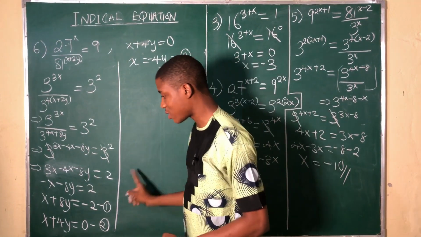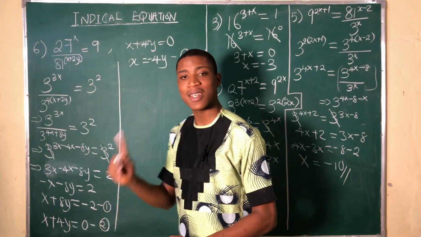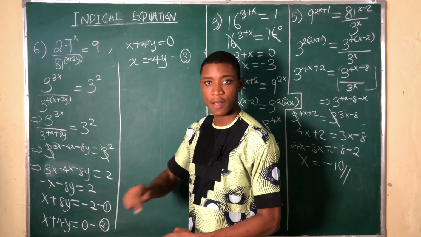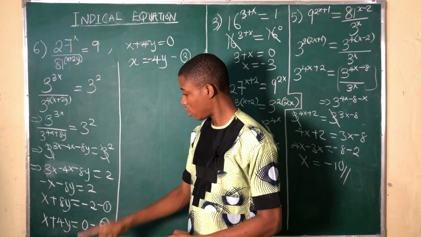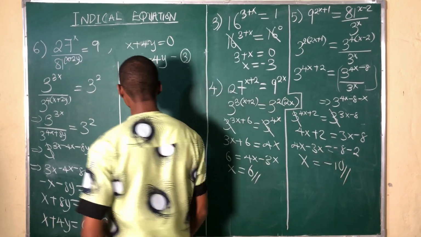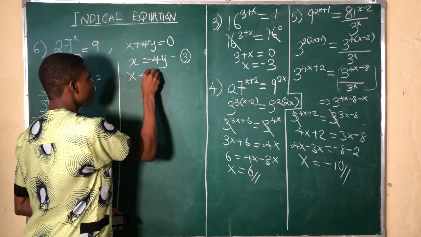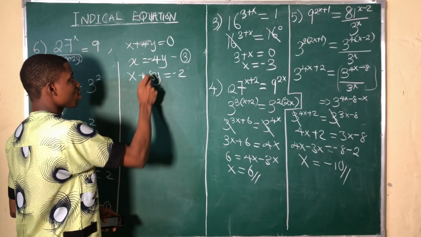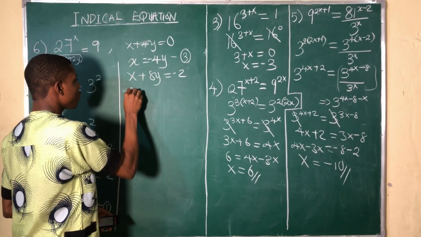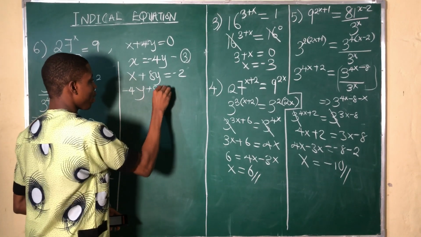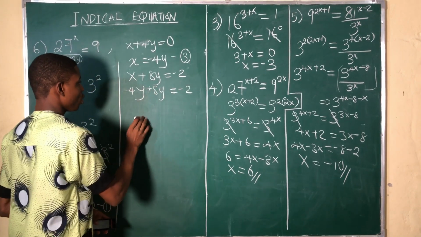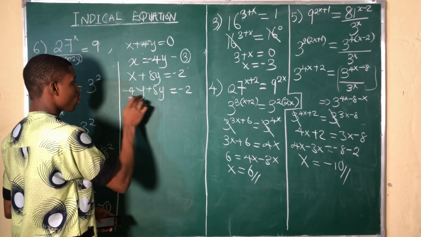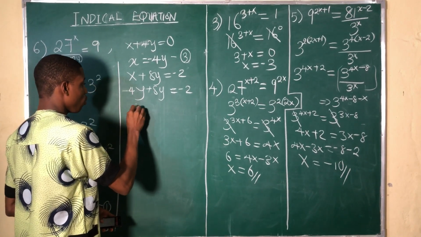We're going to substitute what x is into equation 1. So anywhere you see x, you represent as negative 4y. Equation 1 is x plus 8y is equals to negative 2. So we're having negative 4y plus 8y is equals to negative 2. So negative 4 plus 8 is what?